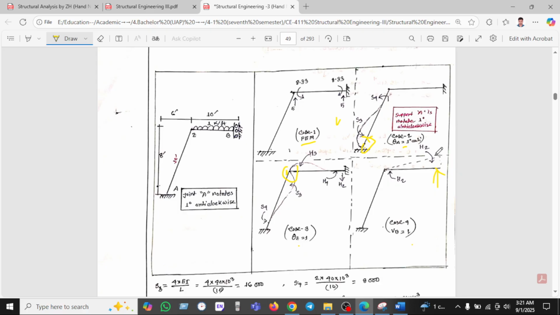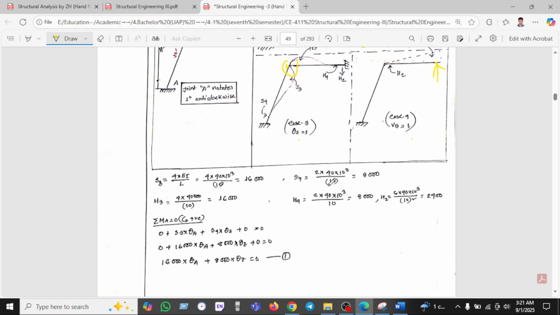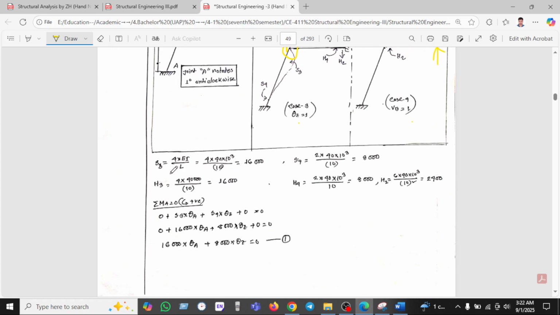Okay, now we can see here, after finding here, we can see here s3 s4 s3 s4, we are just changing the name.